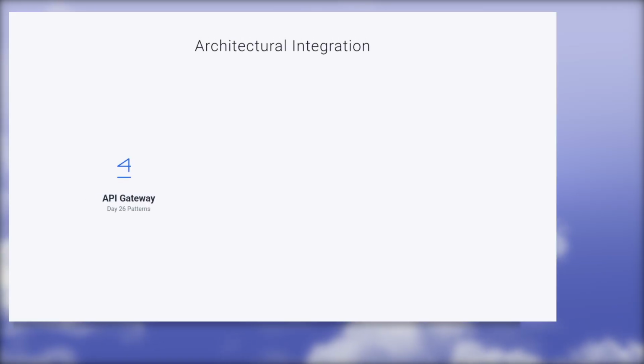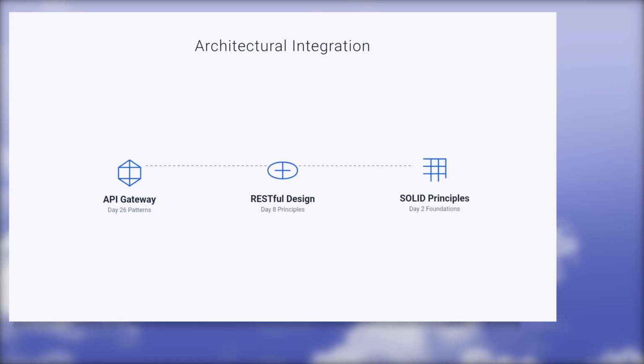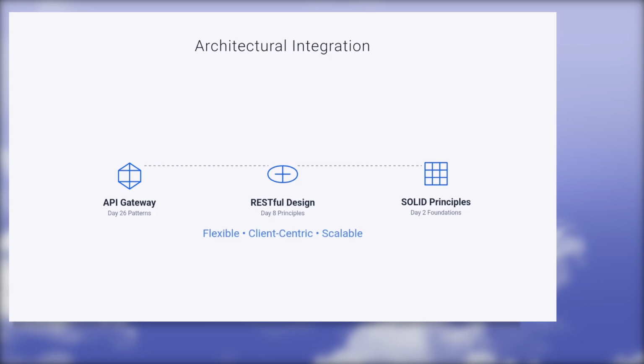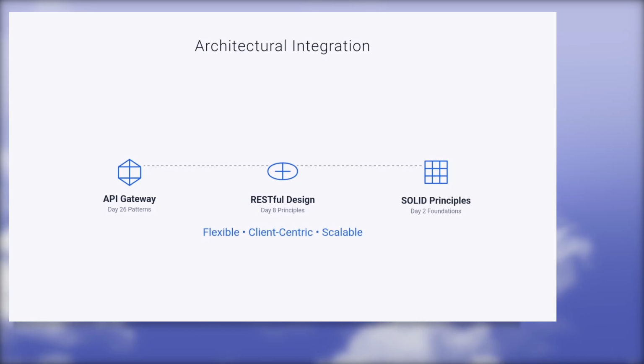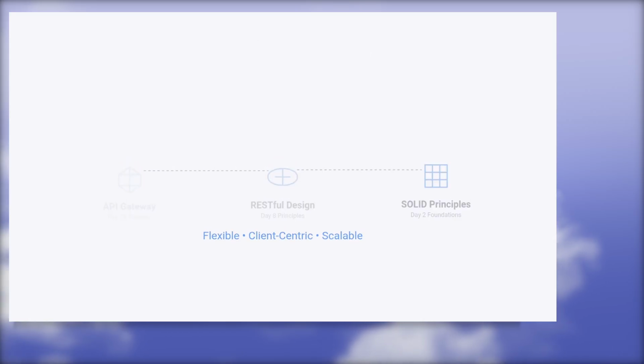This builds on Day 26's API gateway patterns, Day 8's RESTful design, and aligns with Day 2's SOLID for designing flexible, client-centric interfaces. Pauses, transitions, and visuals, including GraphQL query diagrams, REST overfetching examples, and performance comparison charts, will enhance the flow and aid in decision-making.